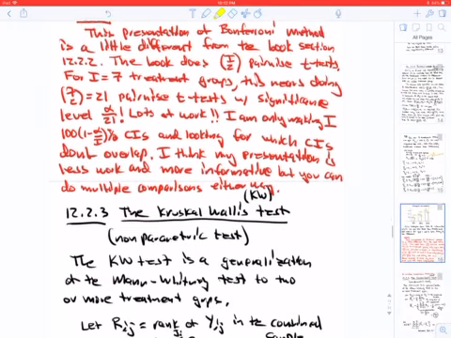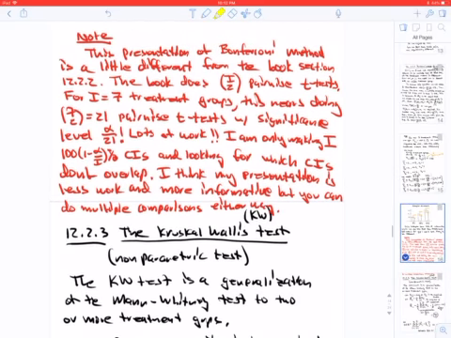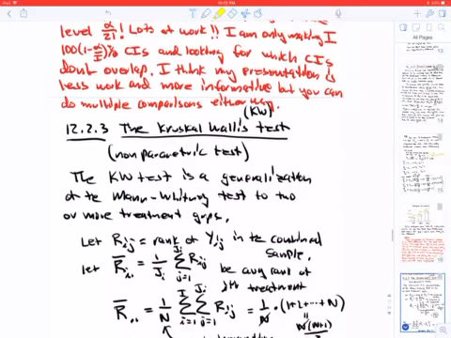Here I just mentioned that my Bonferroni is a little bit different, but you're free to use the way that I do it or the way in the book.